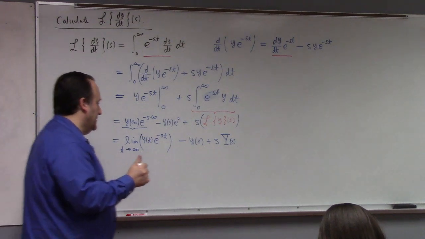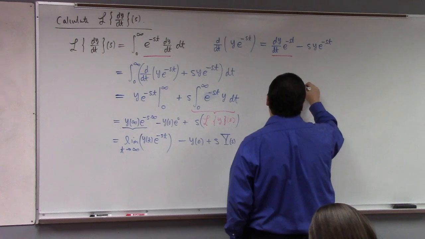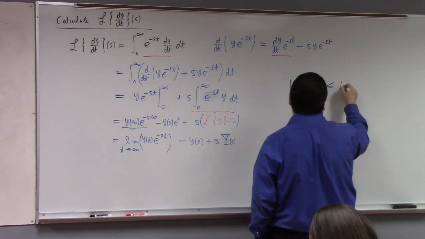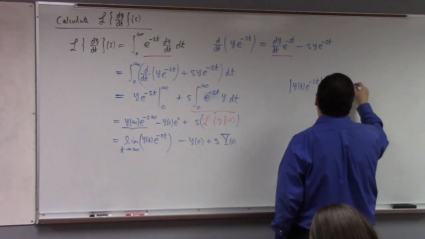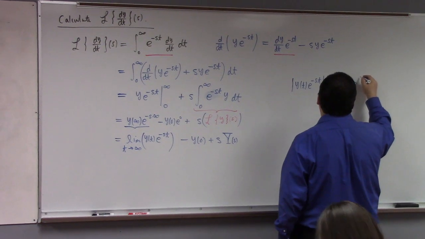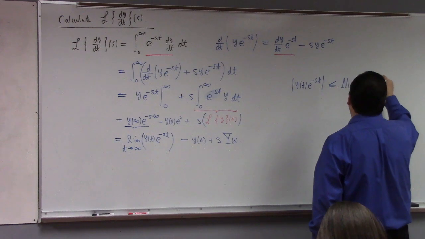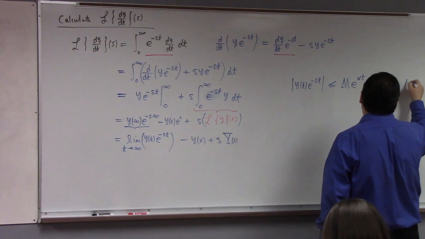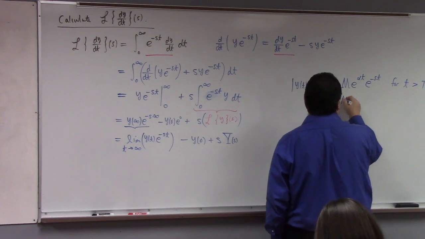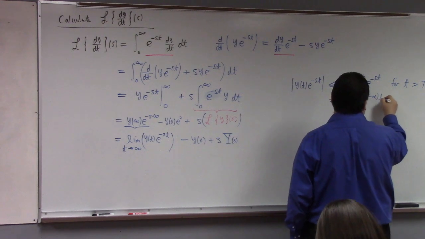If we take the absolute value of y of t e to the minus st, that's going to be less than or equal to M e to the alpha t, and then times e to the minus st for t greater than that big T. And that is equal to M e to the minus (s minus alpha) t.